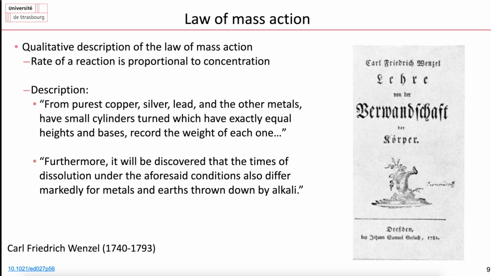And he found that the times for these little cylinders to dissolve in different acids is very different. So that really was an important point, and again, to repeat, it is a qualitative description of the law of mass action.